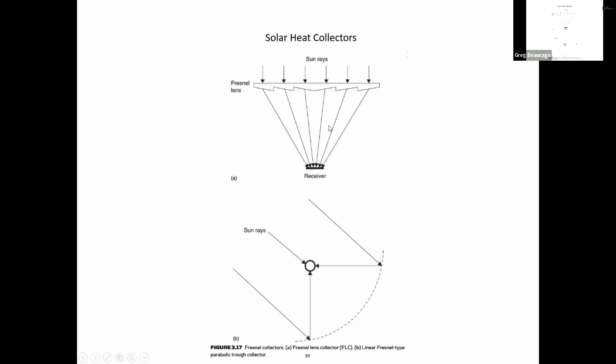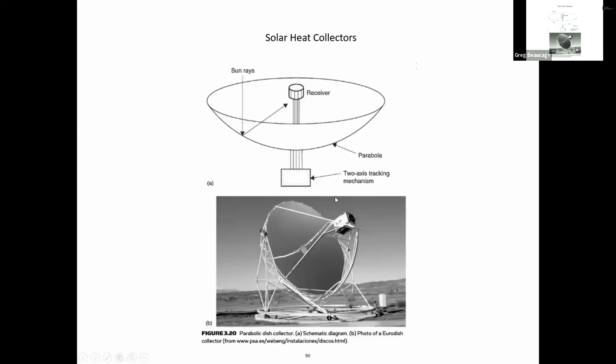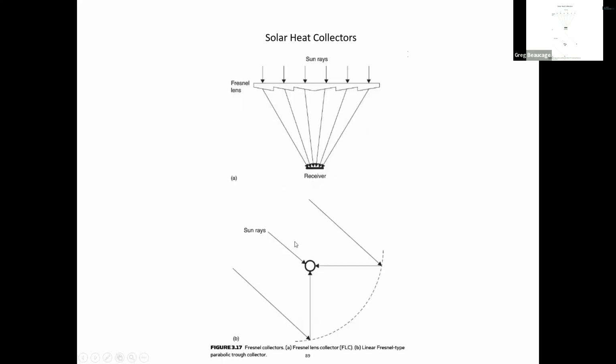And then you can also do it with a Fresnel lens. These parabolic reflectors are more expensive than a Fresnel lens, which is like a sheet of plastic. If that piece came out and this piece came out, it would make a lens. So you just get rid of the mass of the lens and have these steps in it. It does the same optical thing, because all the action of a lens is where the air meets the material.